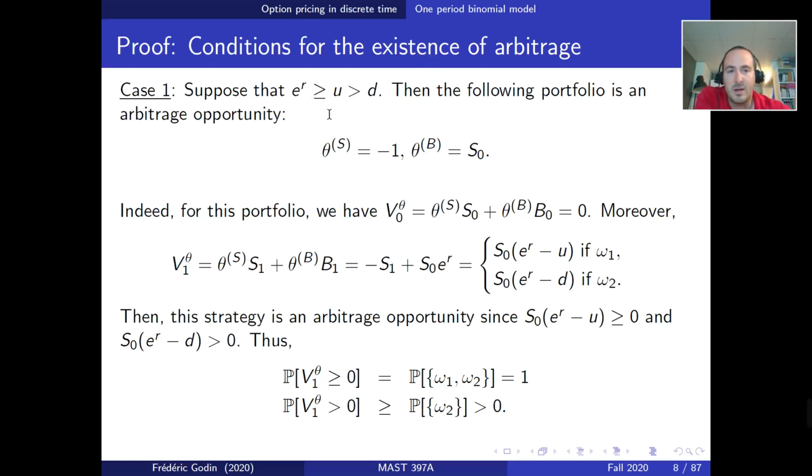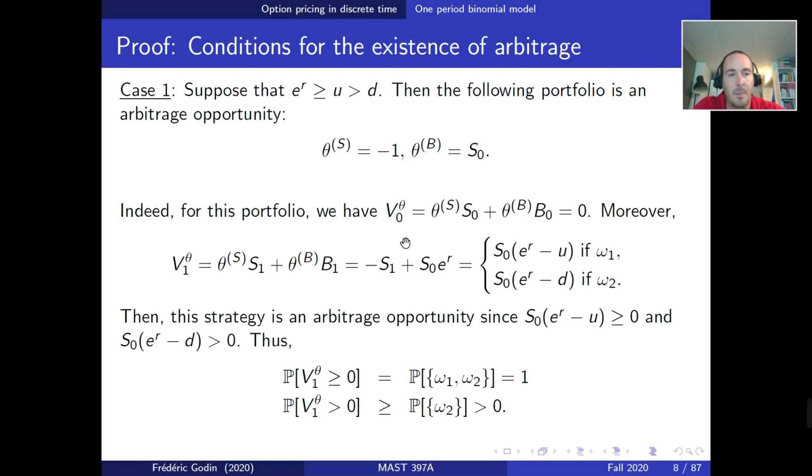In that case, we're going to see that there exists an arbitrage opportunity, which is obtained through the following trading strategy. We're going to sell short 1 unit of the risky asset, and we're going to hold S0 shares of the risk-free asset. What happens in this case? Under this portfolio, what is V0, the initial value of the portfolio at time 0?